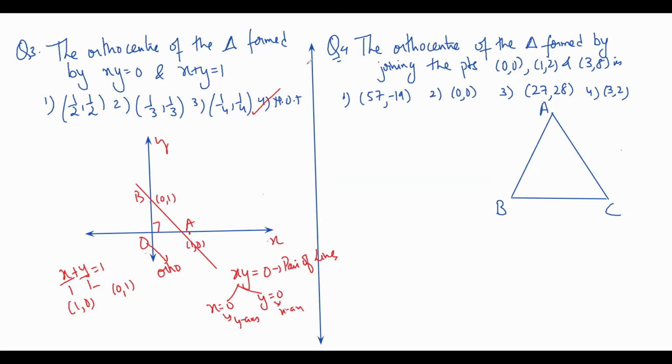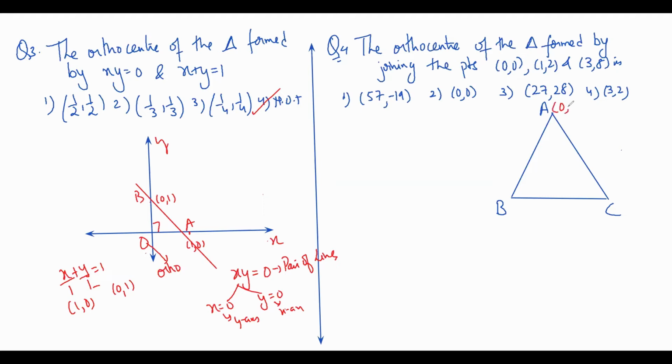Okay, but what if you have to find the orthocenter of the triangle formed by the points (0, 0), (1, 2), and (3, 8)? Now this is my triangle, and I use the definition and options to find its orthocenter.